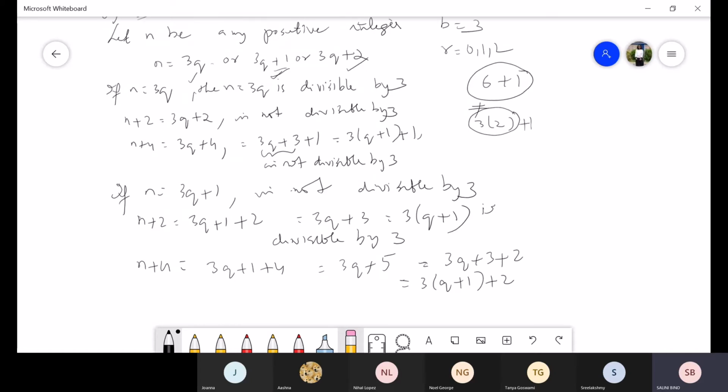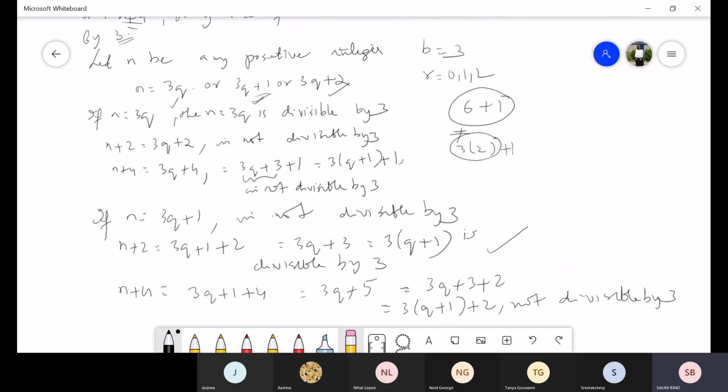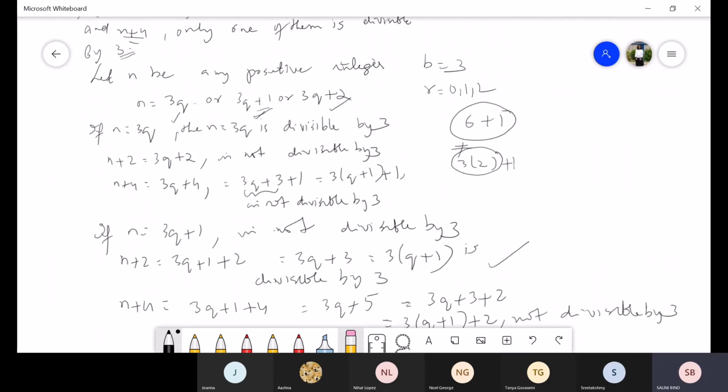So this is also not divisible by 3. So listen, when I took n as 3q plus 1, I got only one term divisible by 3. The other 2 terms are not divisible. Similarly, when I took n equal to 3q, I got only one term which is divisible by 3, and these 2 terms are not divisible by 3.